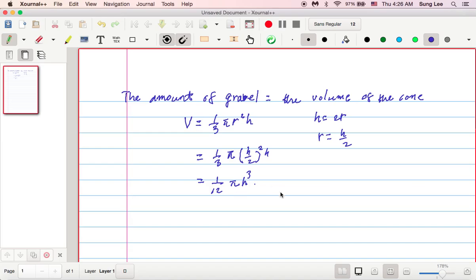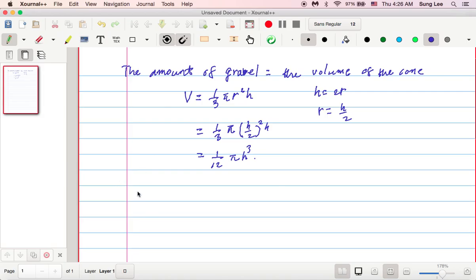The reason we are writing V as a function of h, not as a function of r, is because what we are trying to find is dh/dt. So we need to represent the volume in terms of the height h, obviously.